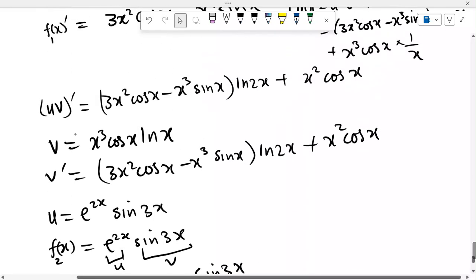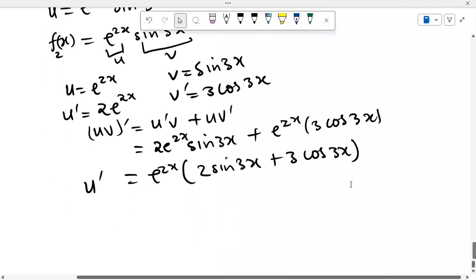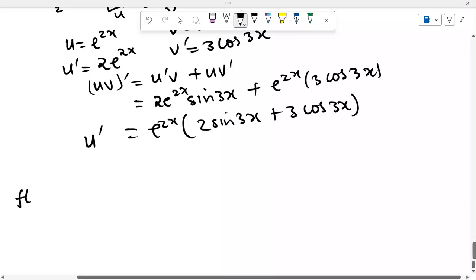Now that's when we solve our question. So we have our v prime, we have our u, we have our u prime. Okay, so now let's put everything together. So now let's apply the formula one last time. I hope you've been following.